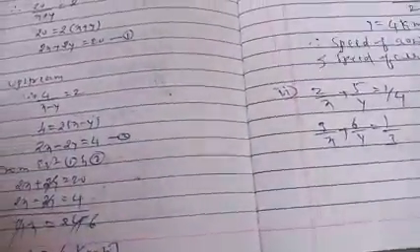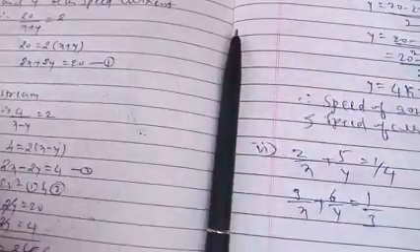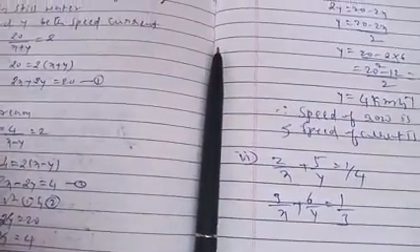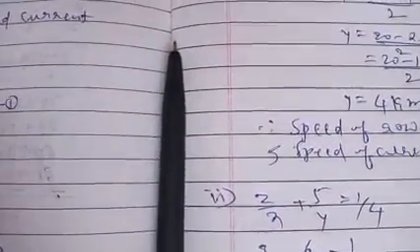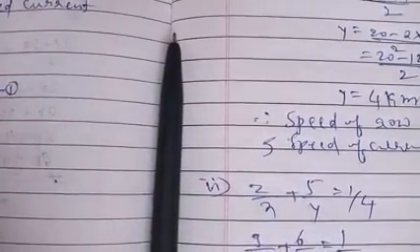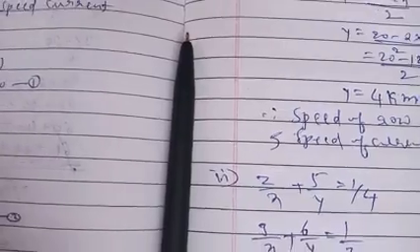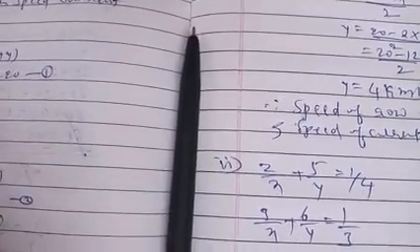See, the total distance is 300 kilometers. Out of 300 kilometers, she takes 4 hours if she travels 60 kilometers by train and the remaining by bus.